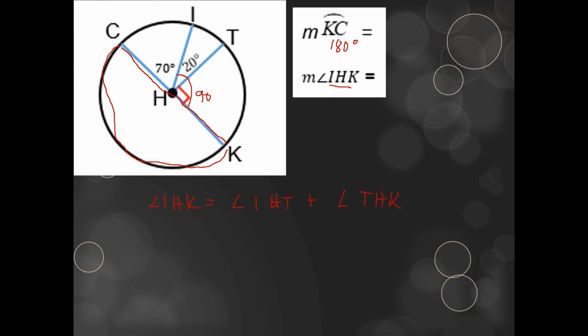Since angle IHT is 20 degrees and angle THK is 90 because of this angle symbol, which means this is 90 degrees. So 20 plus 90 is 110 degrees. The measurement of our angle IHK is 110 degrees.